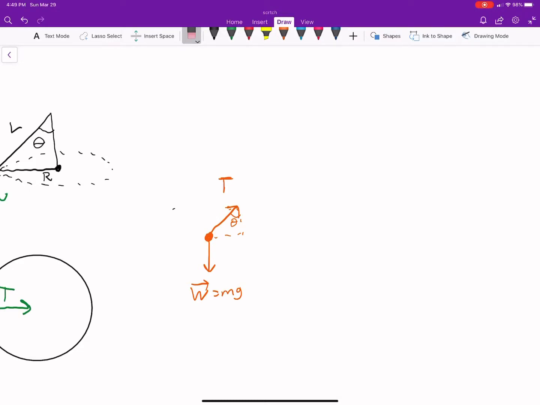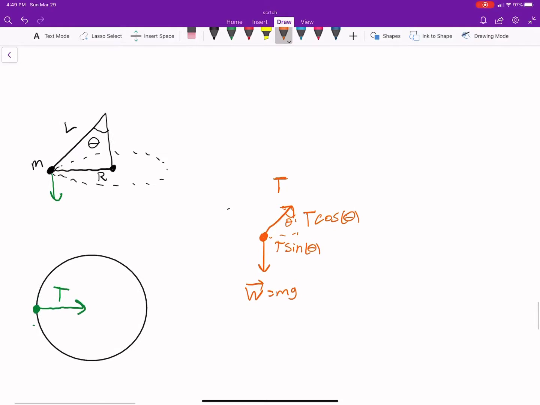And you could say, well, then we have T cosine theta, T sine theta. Now, the big thing to notice here, which component of tension is pushing us inwards? That's T sine theta, right? So this is in, this is away, this is up, this is down.